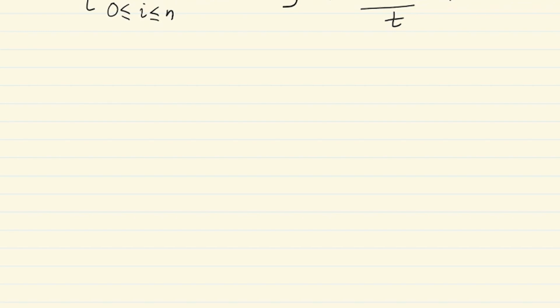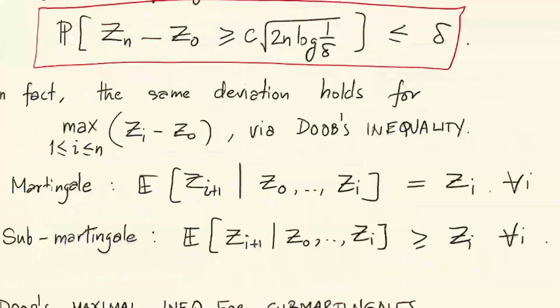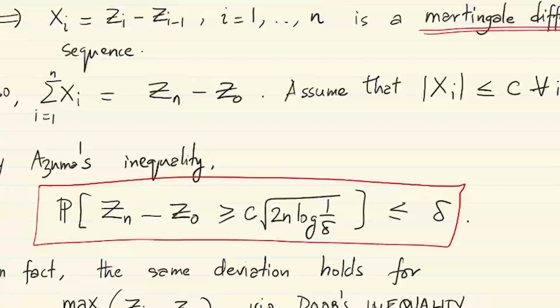Just to see how this is useful, take the same setup to which we applied Azuma's inequality, where the Zi's were all a martingale and we got this inequality here.